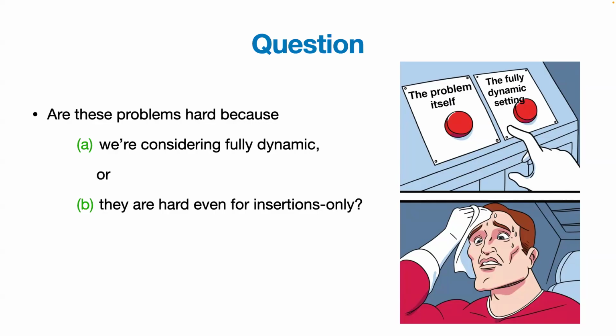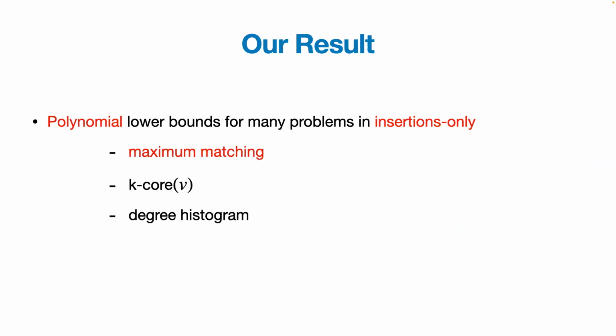In other words, if we consider the insertions-only model, will we be able to get polylogarithmic upper bounds, or will we again have polynomial lower bounds? Well, as the title of the talk suggests, we found polynomial lower bounds for quite a few problems in the insertions-only setting.